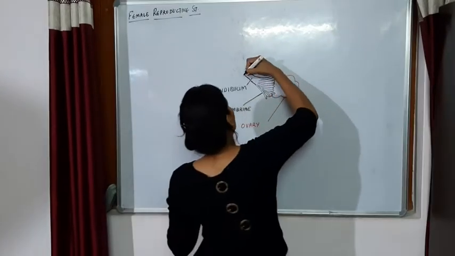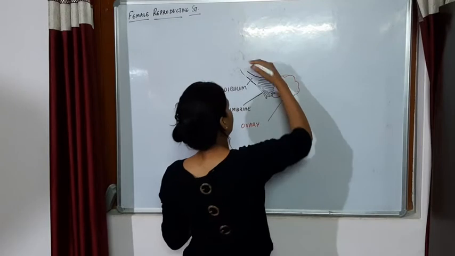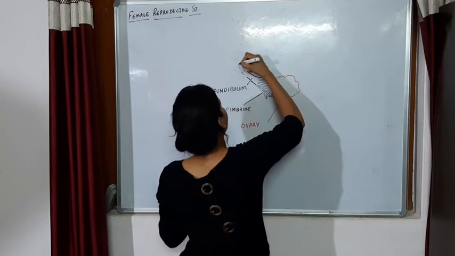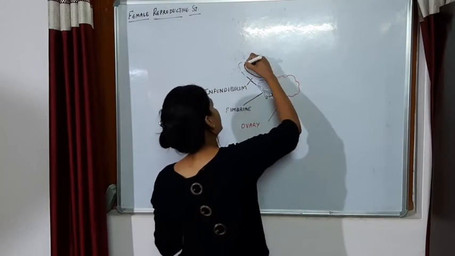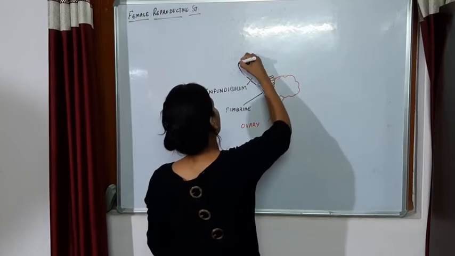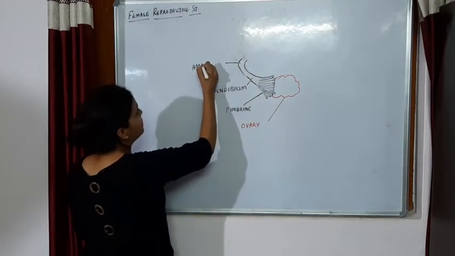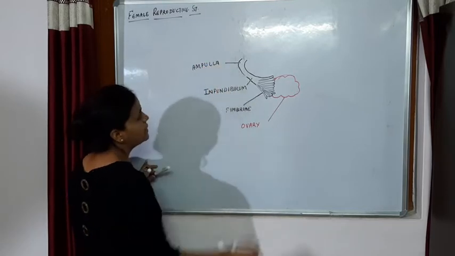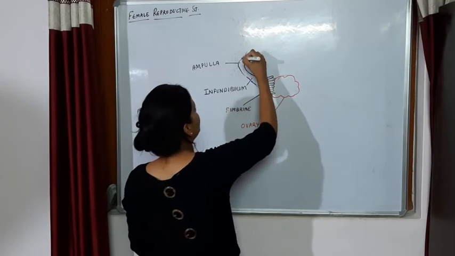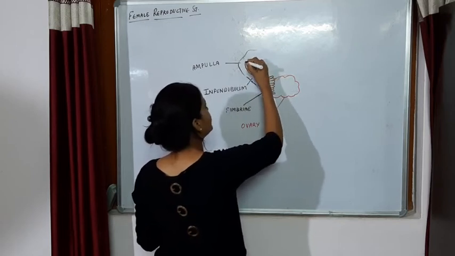Fine. Now the ovum is conducted through the fimbriae, then to the infundibulum, and then to the next structure, which is called the ampulla. Next to the infundibulum is the ampulla, a little widened structure.